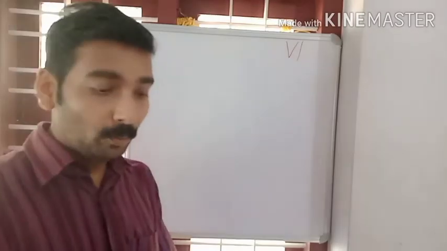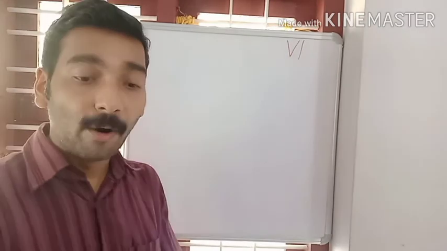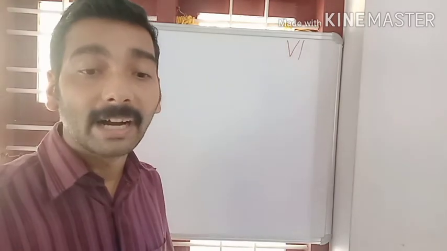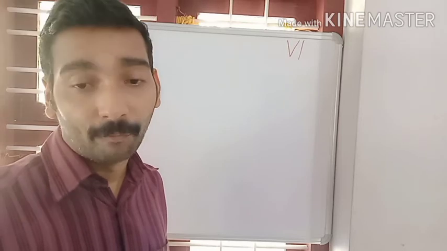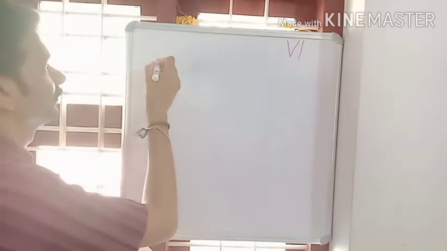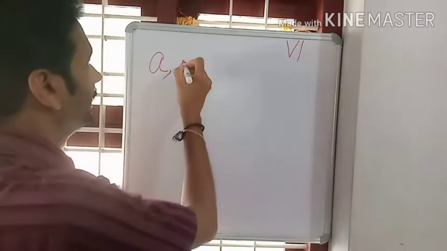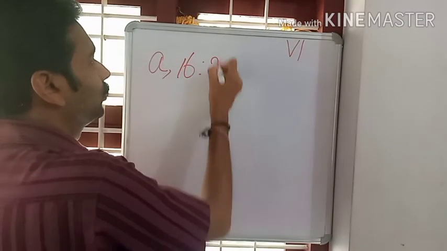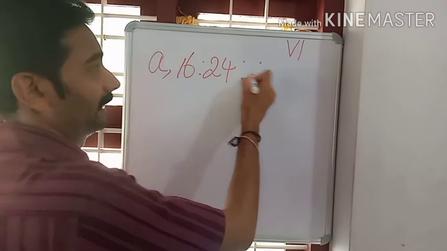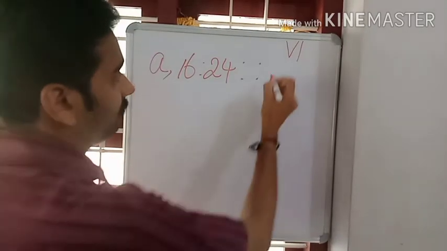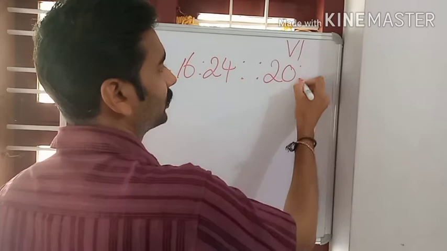Then question number 2. Write true or false against each of the following statements. Question A: 16 is to 24 proportion 20 is to 30.